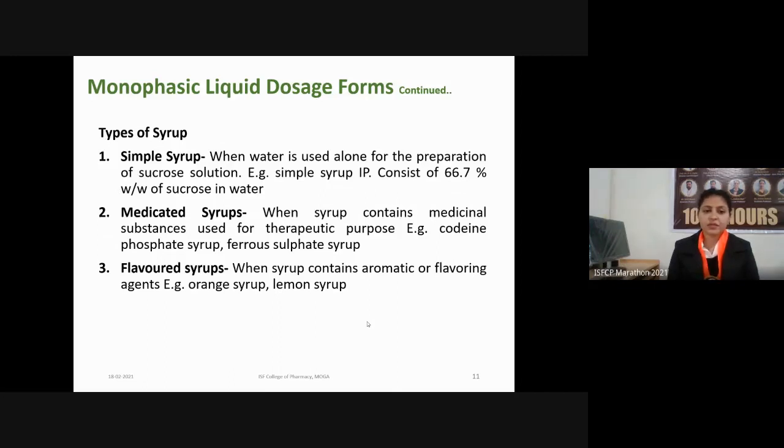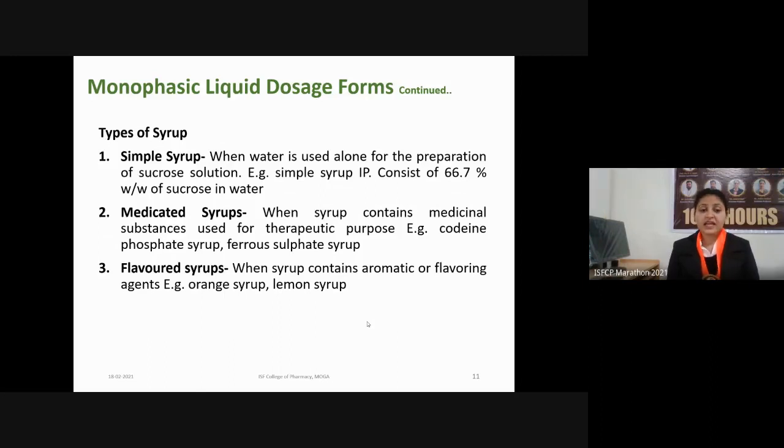It means there are only two components: water and sucrose. A simple syrup, according to the IP, consists of 66.7% weight by volume of sucrose in water. We only have to add sucrose in water, and just by mixing, we get a syrup known as simple syrup.